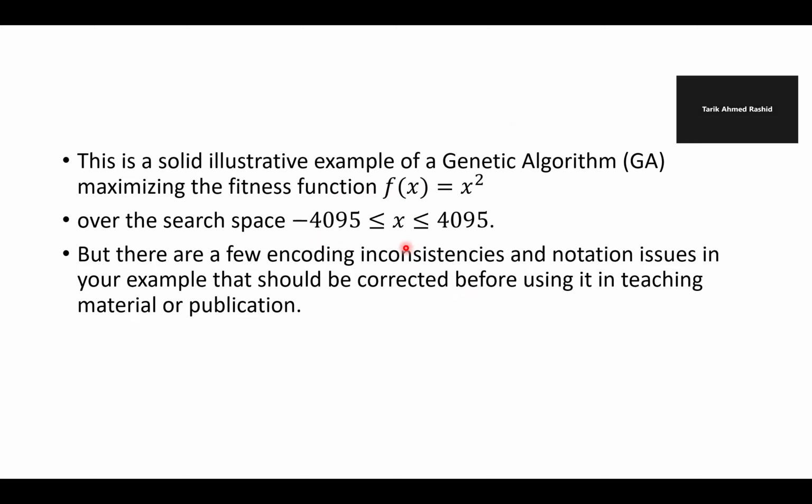That is the x values, the search space, but we don't take every single point from minus 4095 to 4095. That is the beauty of the evolutionary algorithm or genetic algorithm: we take a sample in between, and this reduces computation complexity for us.